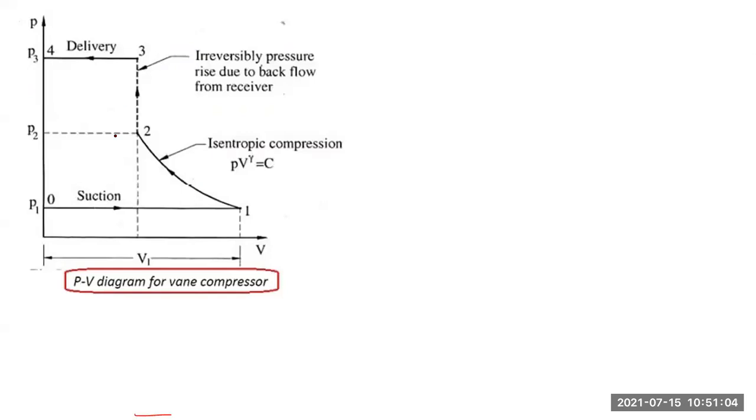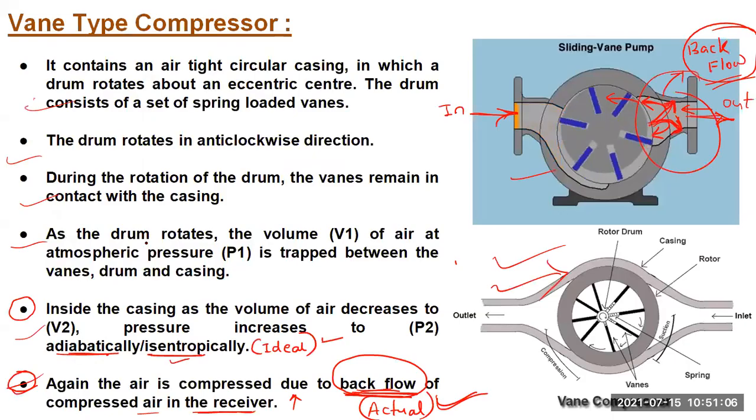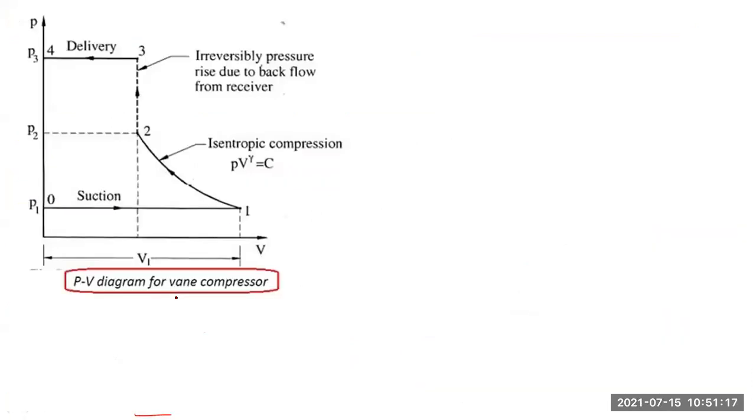In the PV diagram here you can see work done takes place in two paths. In the first path we get work adiabatically or isentropically. So process 1 to 2 is isentropic compression, PV to the power gamma equal to constant. Here some work we are doing from point 1 to point 2, that is called isentropic work.